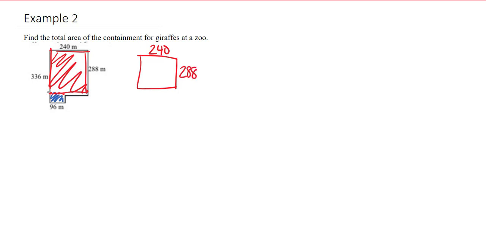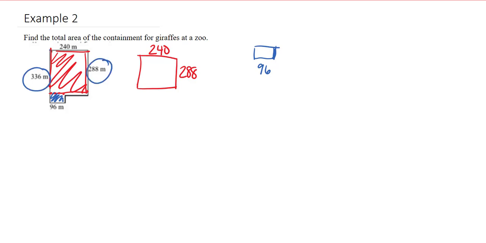And then if we look at the small little part right here, the blue, let's look at that. So right here is 96, but we don't know what the width is. We know the length, but we don't know the width. And all we'd have to do is see these two numbers.